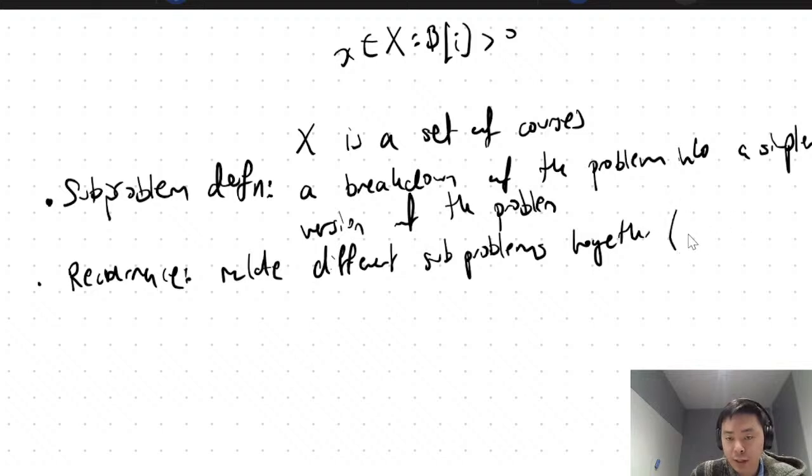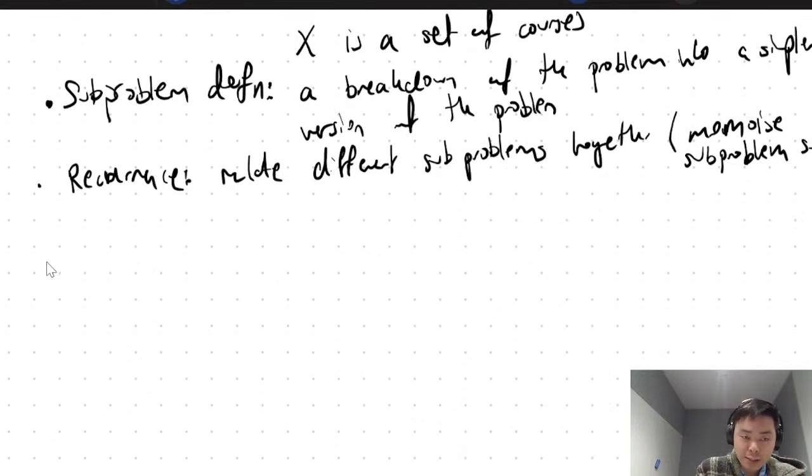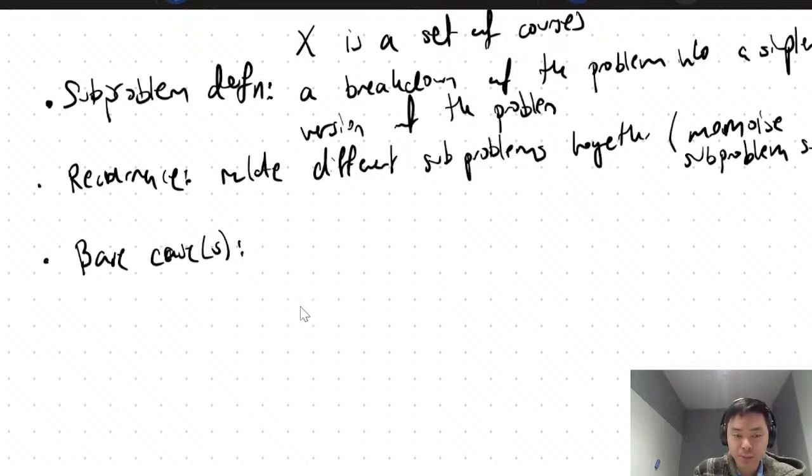Typically, what you'd want to do is memorize subproblem solutions. And then once you define your recurrence, you want to think about the base case, or base cases in the case where you could have multiple base cases, and your final solution.